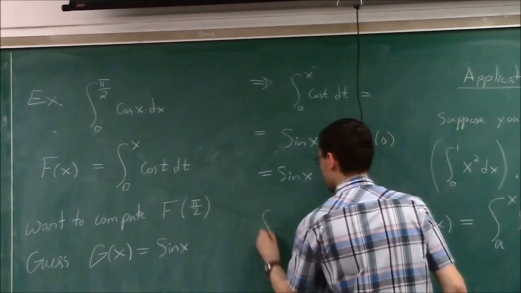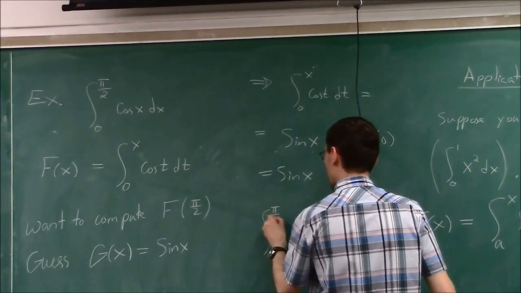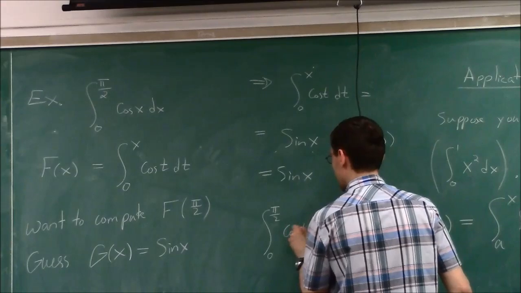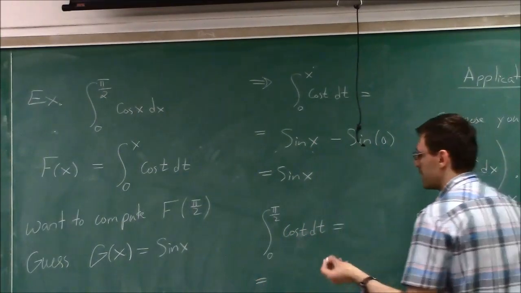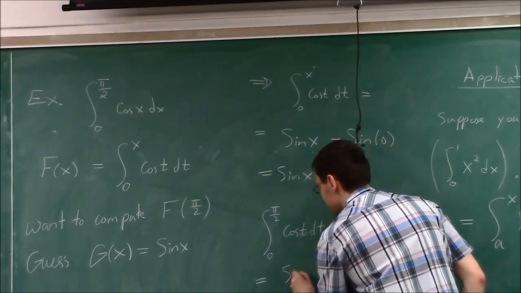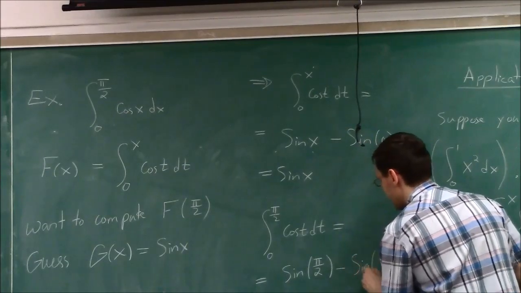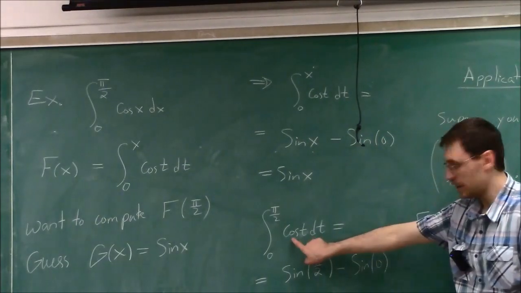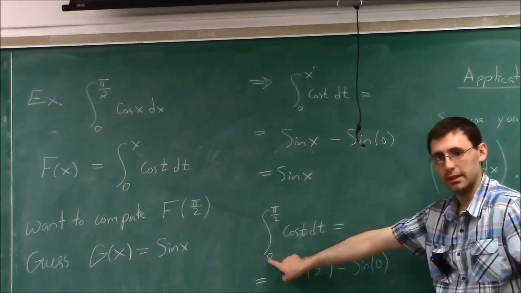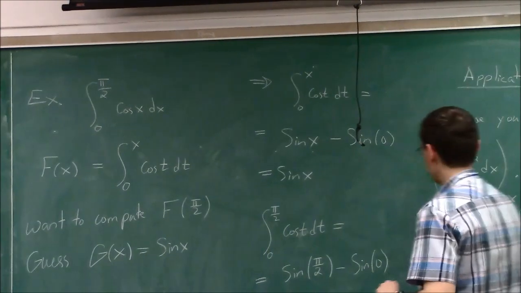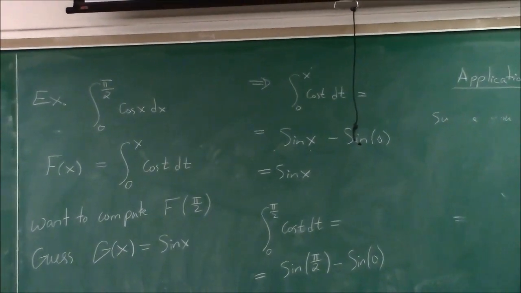So now, the integral from 0 to pi over 2 of cosine t dt, without using any Riemann sums, I can right away figure out to be sine of pi over 2 minus sine of 0. If I find an antiderivative of this function, I'm able to take that antiderivative at the endpoint and subtract the antiderivative at the first point. Okay? So this you need to think about and practice.